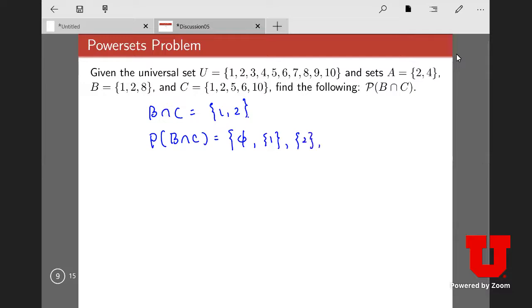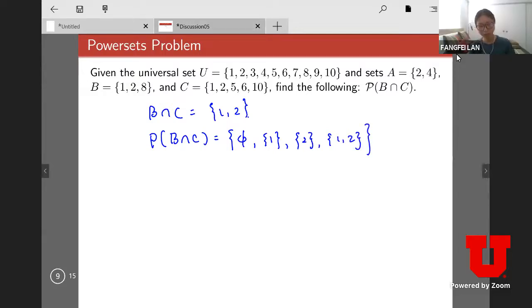And the last one, 1, 2. Yep. Make sense? Actually, you can write empty set as this. I think that would be fine too. But generally I would write the empty set.